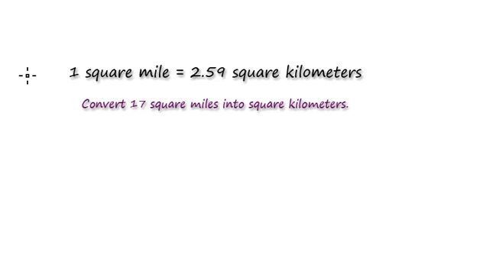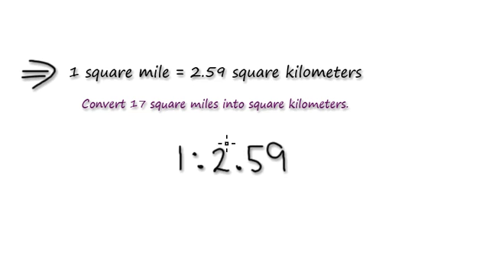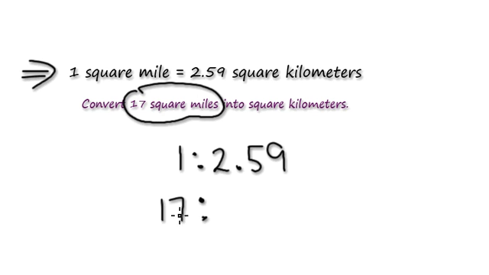Okay, so let's summarize this here. So 1 here is 2.59. Again, we are talking about area here. We've got 17 square miles. So 17 goes over here, and we want to work out x. So now you need a multiplier.